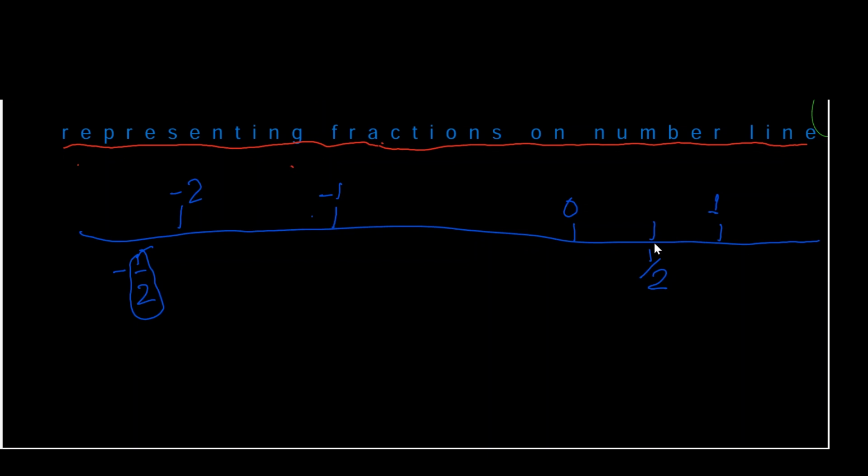First we made it on the right-hand side, now we are going to make it on the left-hand side. That is also 1 by 2, but this time its sign will be minus. So these are the ways in which negative numbers can also be represented on the number line.